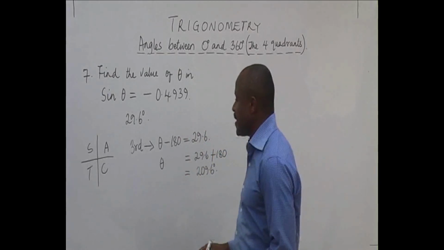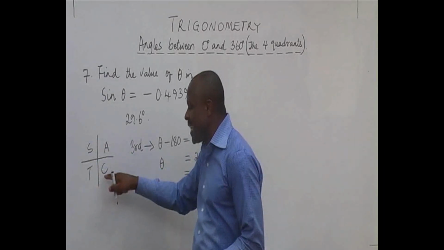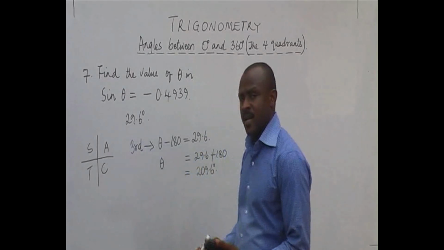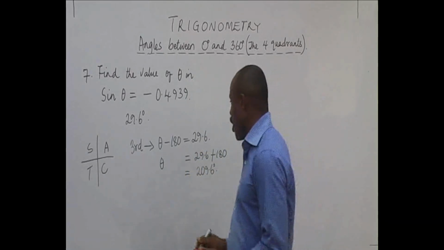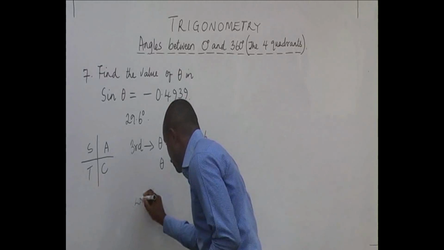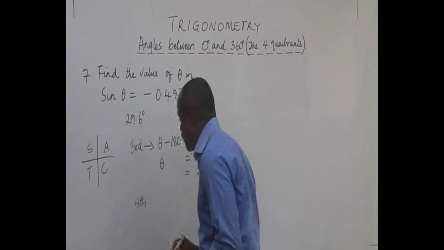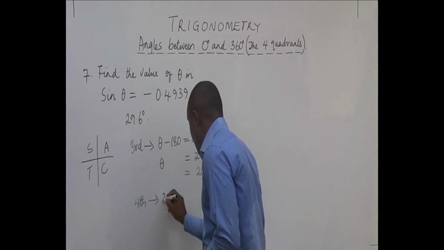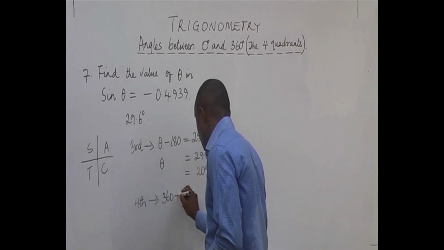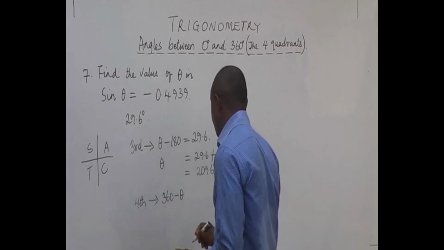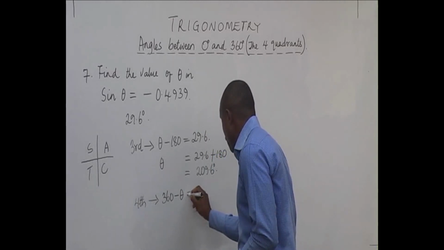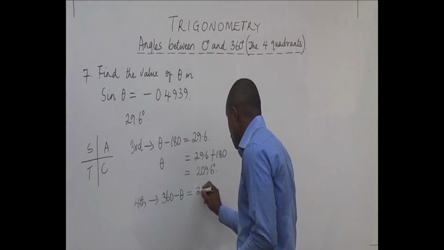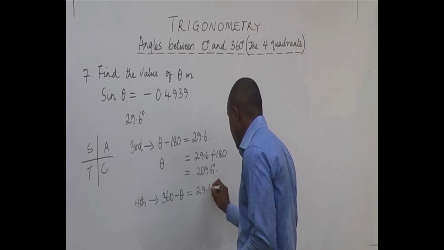The second one is that sine is also negative in the fourth quadrant, and the law in the fourth quadrant says 360 minus theta. So 360 minus theta will be equated to 29.6.